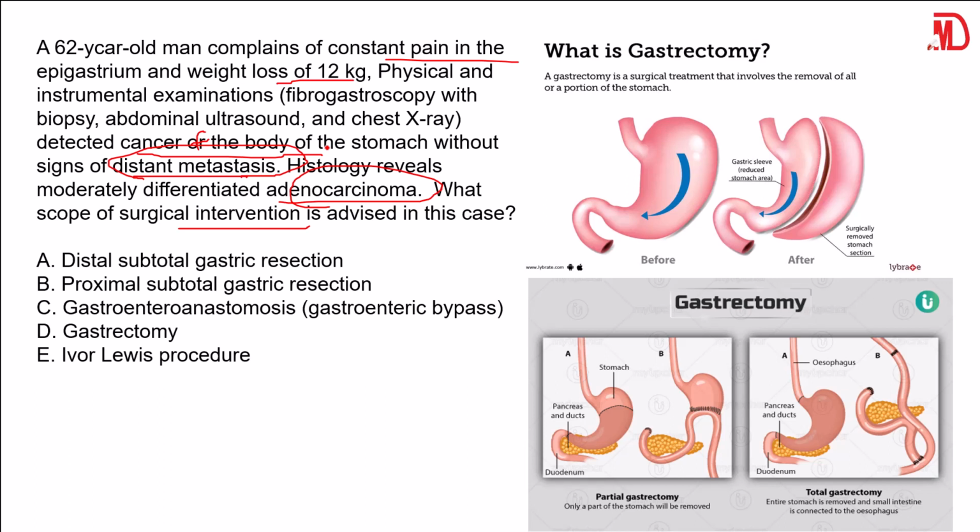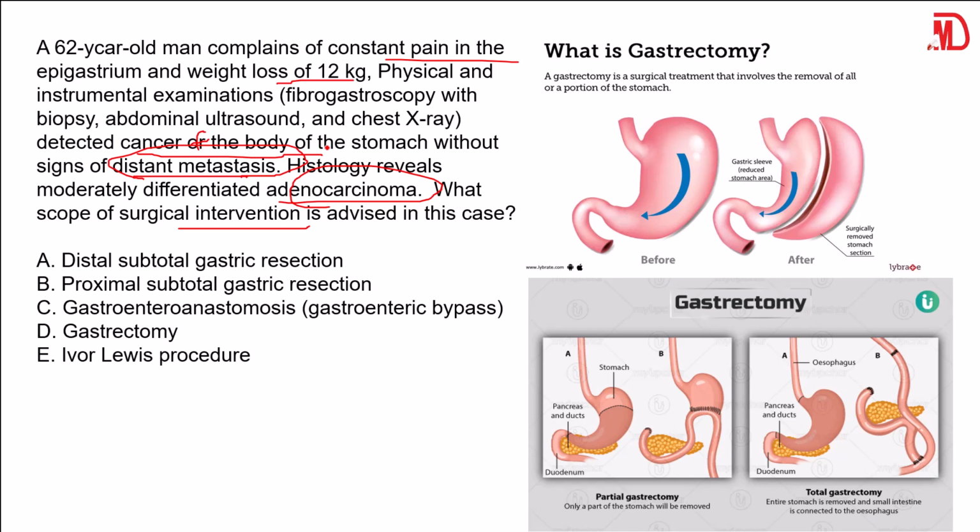We have sleeve gastrectomy, where the left side of the stomach is removed. Then we have esophageal gastrectomy, where part of the esophagus will be involved. They are all different terms, but in all, it's called gastrectomy.